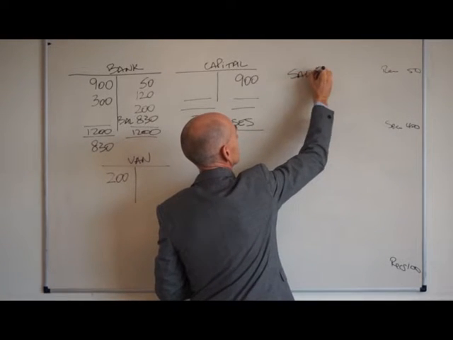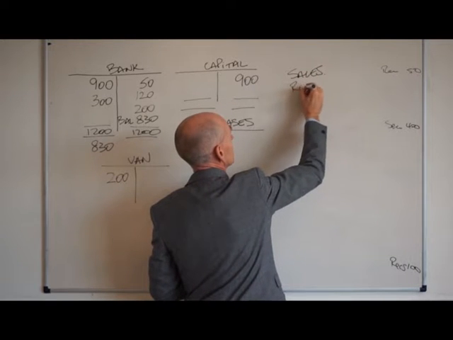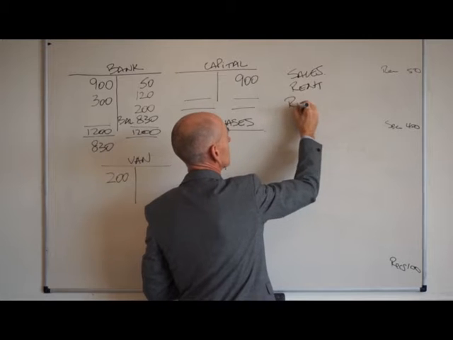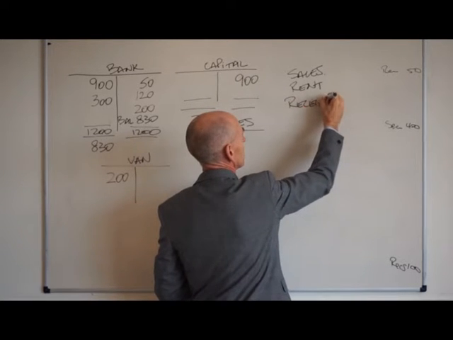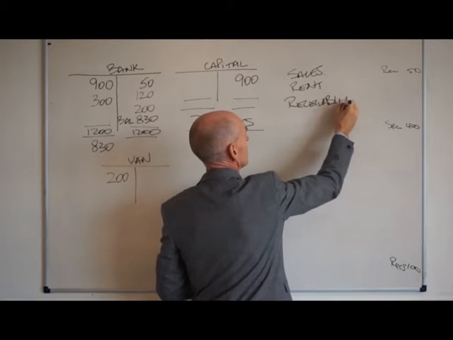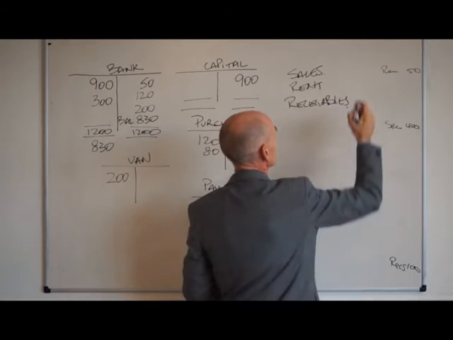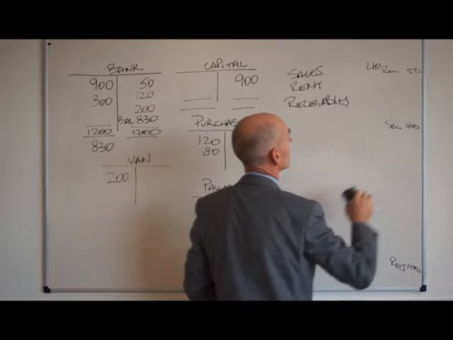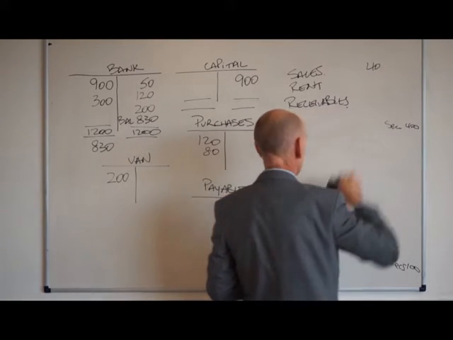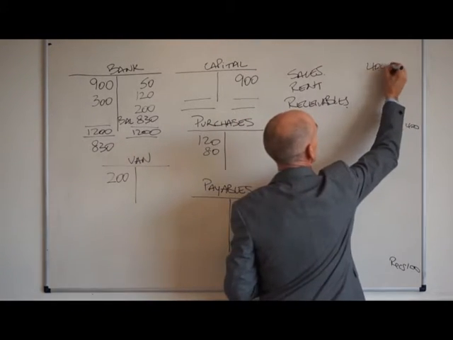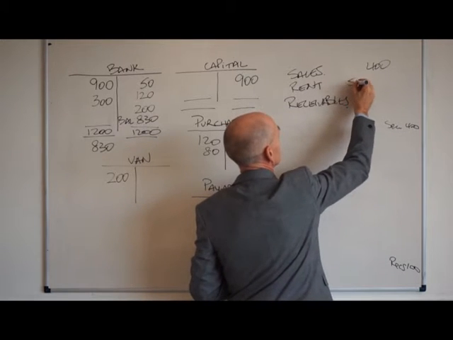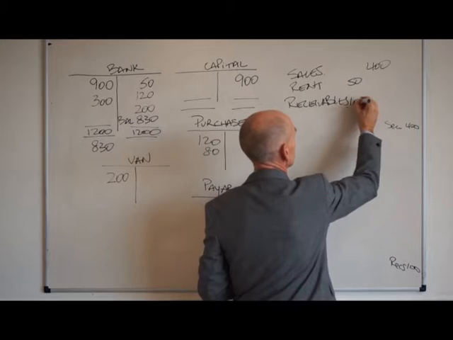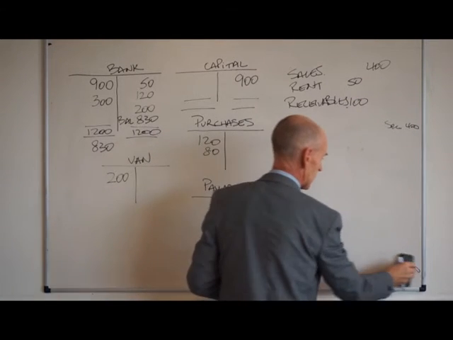So sales, rent, receivables. The sales was 400, the rent was 50, receivables 100.